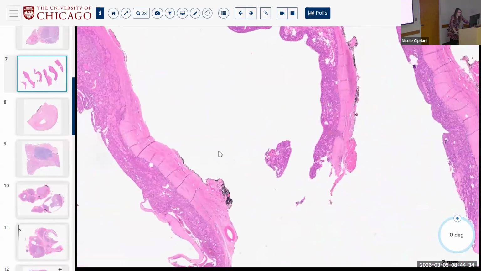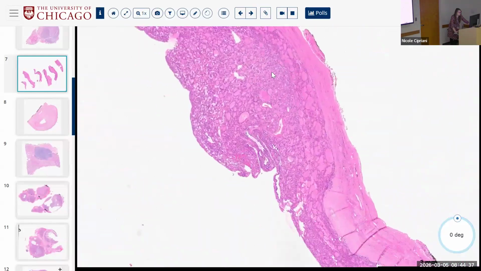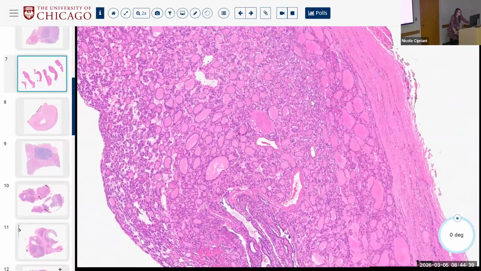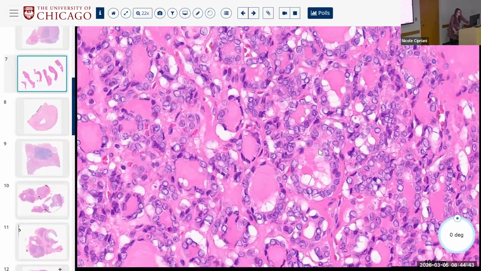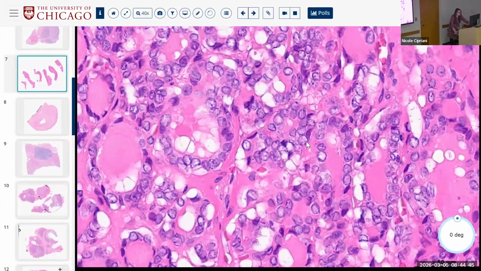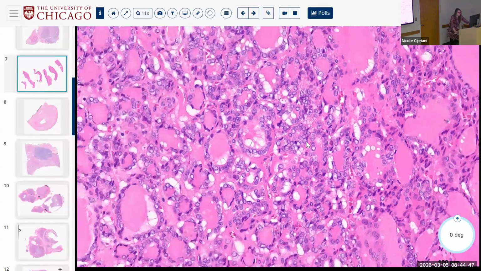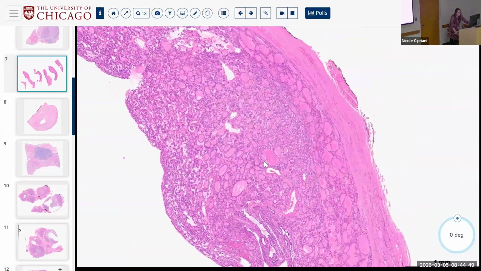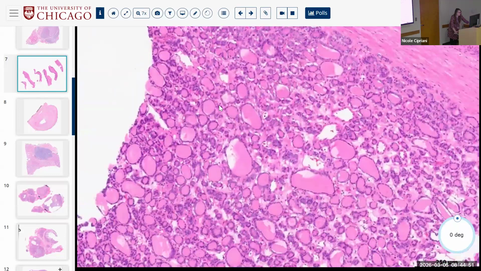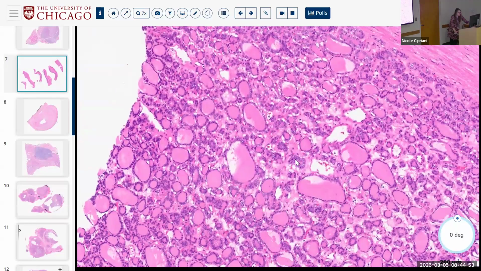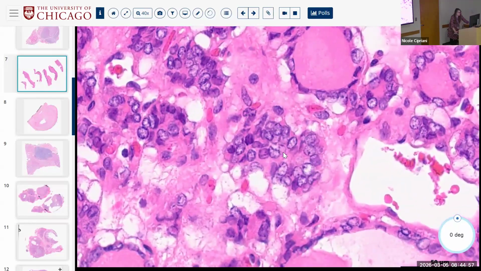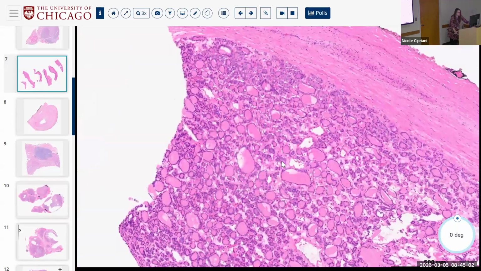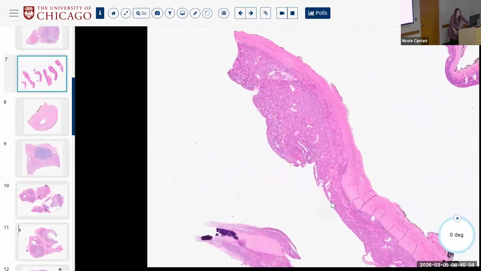Now we have chromatin clearing plus. Chromatin clearing, cup shapes, grooves. What do you want? What do you want to know?